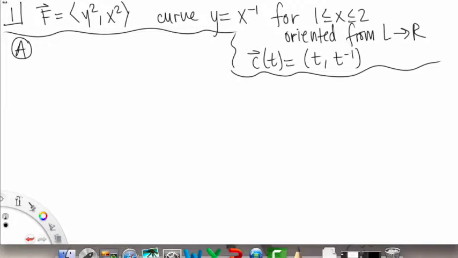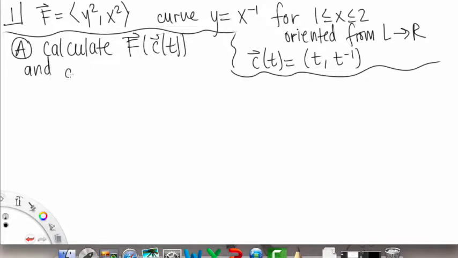There is a part A and a part B. Part A says to calculate f of c of t, and T ds, also known as the unit tangent times ds. In this problem we're breaking every step down, so it makes it easier when you go to solve a problem all the way through by yourself.